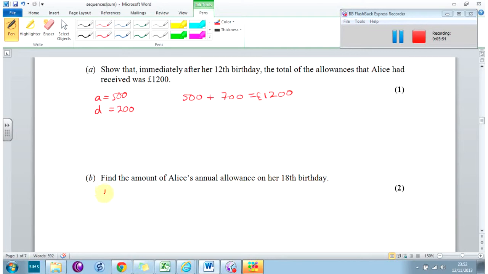So we're going to use the nth term, which is a plus n minus 1 d, and we know what a is, it's 500, plus, be careful with the n here, on her 18th birthday, 11th was the first one, 12th is the second, and I think you can probably see from that that the 18th is the 8th in the sequence, so n is 8, so it's 8 minus 1, and of course d was 200.